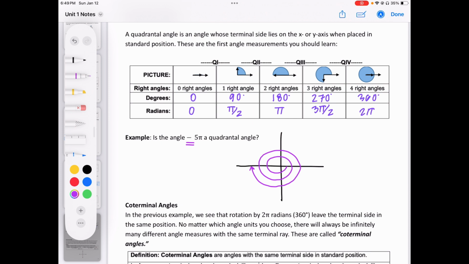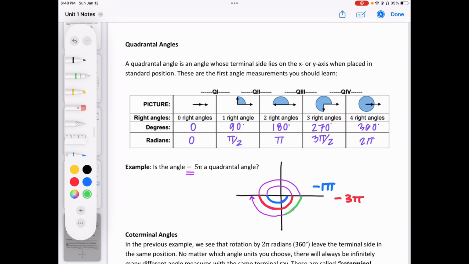Okay, let me come back in here with a different color to kind of show you that. So here is -1 pi. Here is -3 pi. And then here is -5 pi.